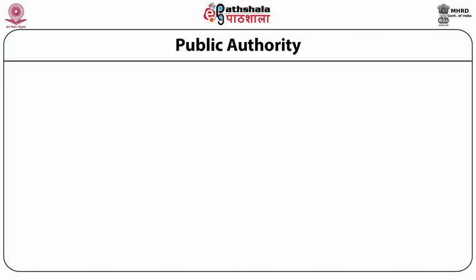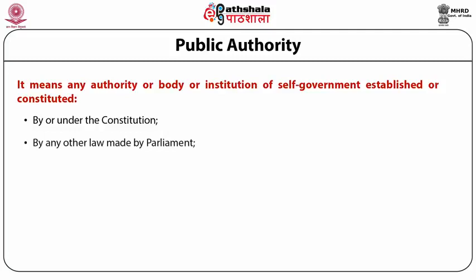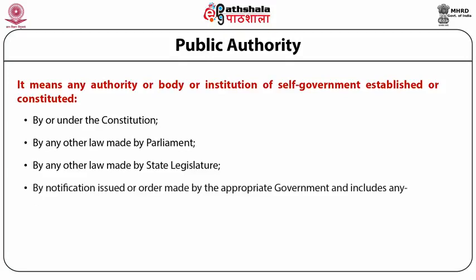The RTI Act defines a public authority as any authority or body or institution of self-government established or constituted by or under the Constitution, by any other law made by the Parliament, by any other law made by the state legislature, by notification issued or order made by the appropriate government, and includes any body owned, controlled, or substantially financed.